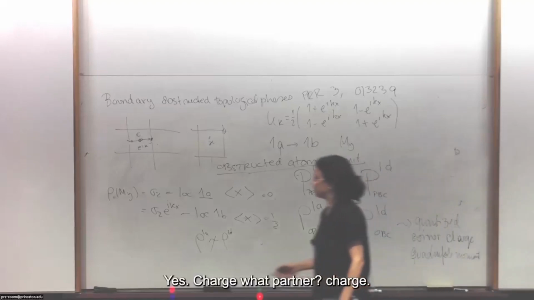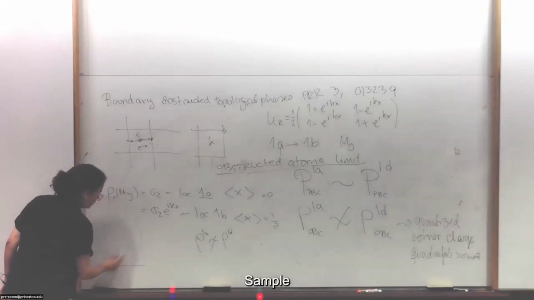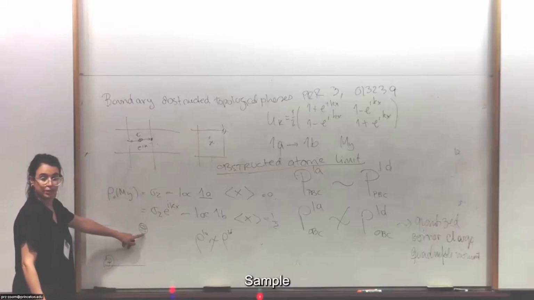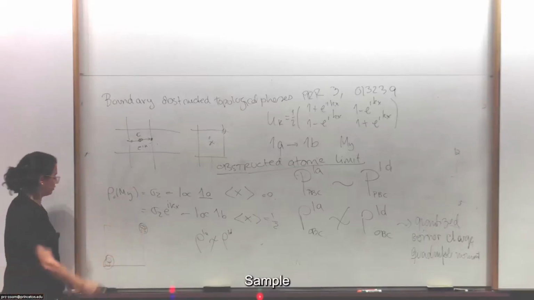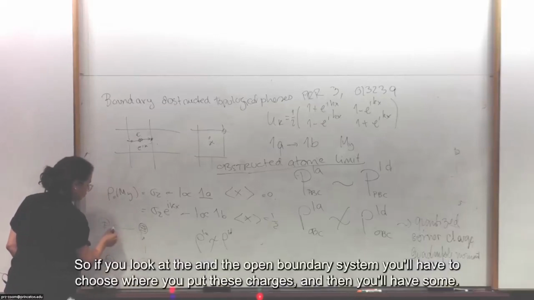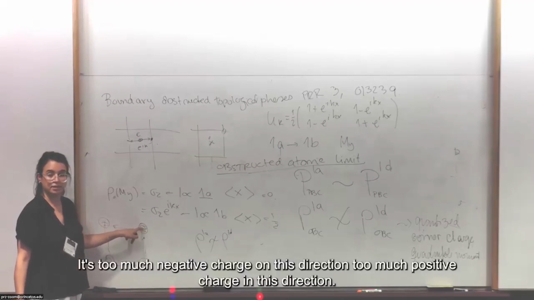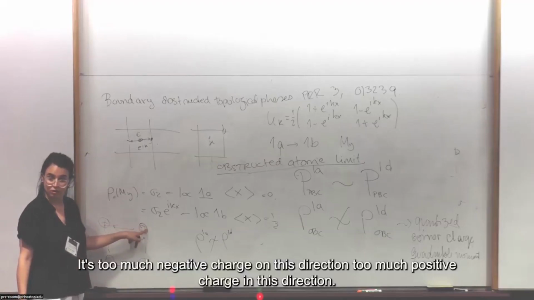If you look at the open boundary system, you'll have to choose where you put these charges. Then you'll have too much negative charge in this direction and too much positive charge in this direction, so you have an actual total quadrupole moment. And these states are going to be localized on the corners.